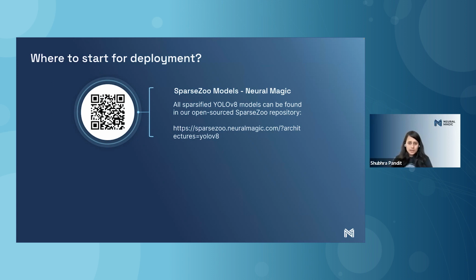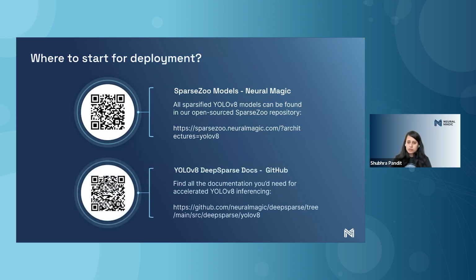You can also find dense, quantized, and other flavors of YOLOv8 models, and a lot of other models if you'd like to use those. You can scan this code if you'd like. And if you want more answers to some of the how-tos about YOLOv8, you can check out our documentation for YOLOv8 on DeepSparse. This is the page for that. I'll just pause here for a little bit so you can capture these.